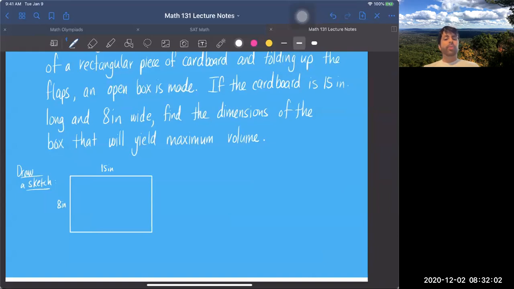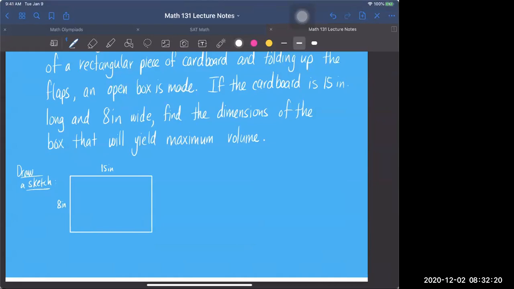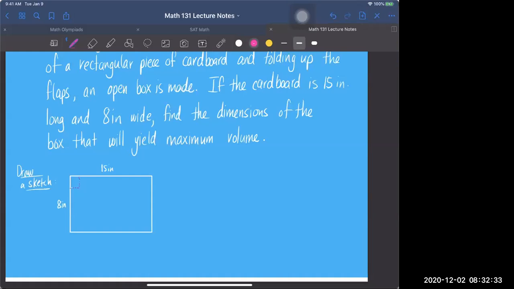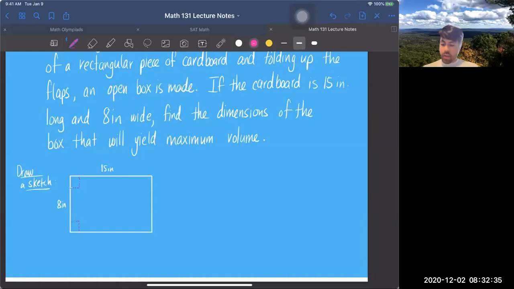Now, what is it that we don't know? We're going to cut away four squares, and they're all identical, they're all the same.